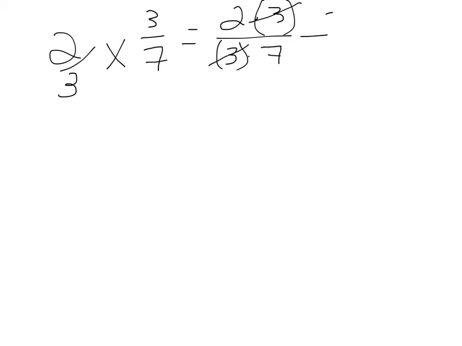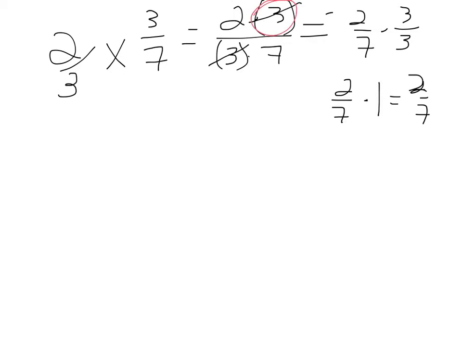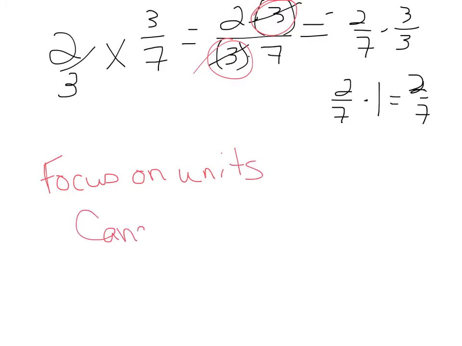But either way, you're left with 2 times 7 and 3 over 3. And 2 times 7 times 1 equals 2 over 7. So we're basically canceling these numbers out. So when we do this in dimensional analysis, we're going to focus on units and canceling units.